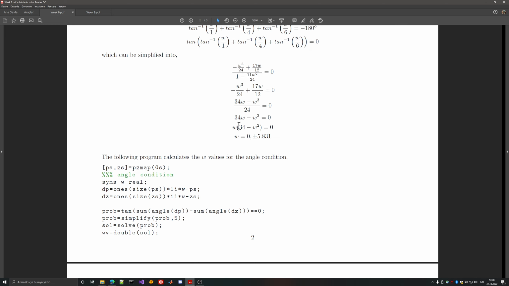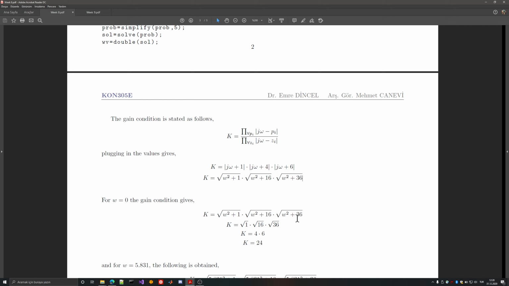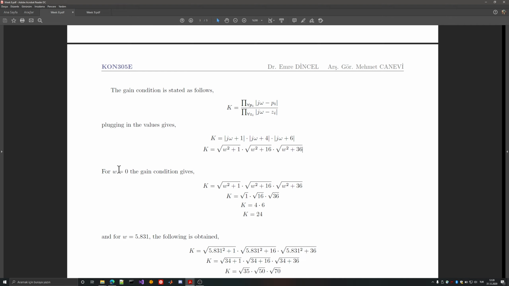I have seen that omega squared was 34. Plugging in here 34 gives me 35, 34 plus 16, and 34 plus 36. If I use omega 0, these omega squared terms vanish, and it will be 1 and 4 and 6, so the multiplication gives me 24.